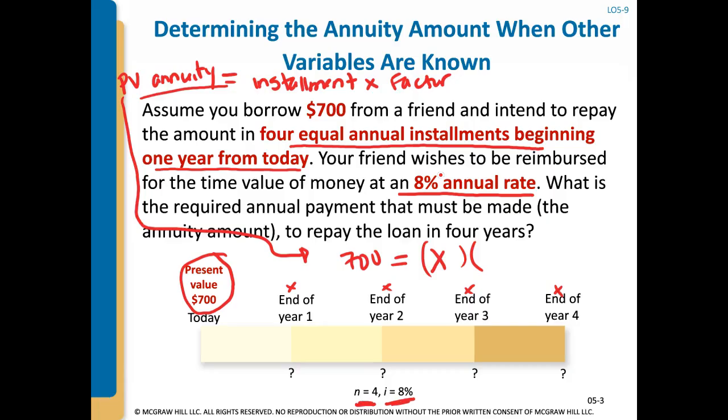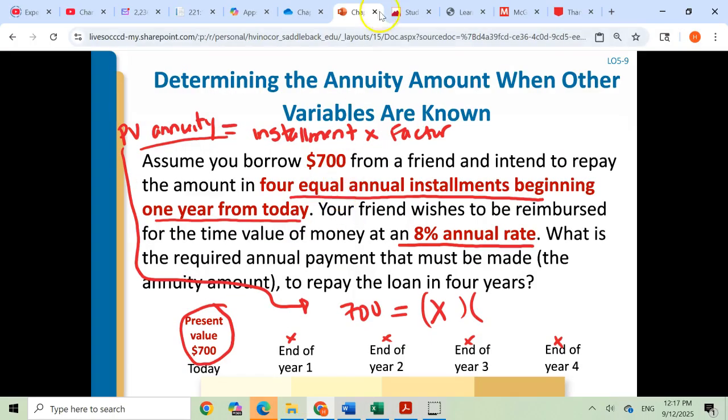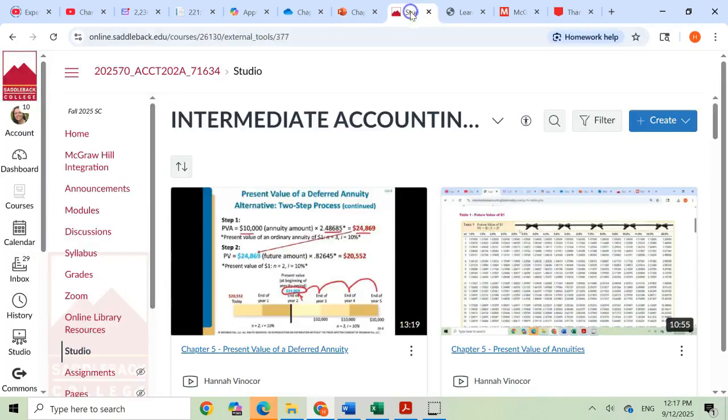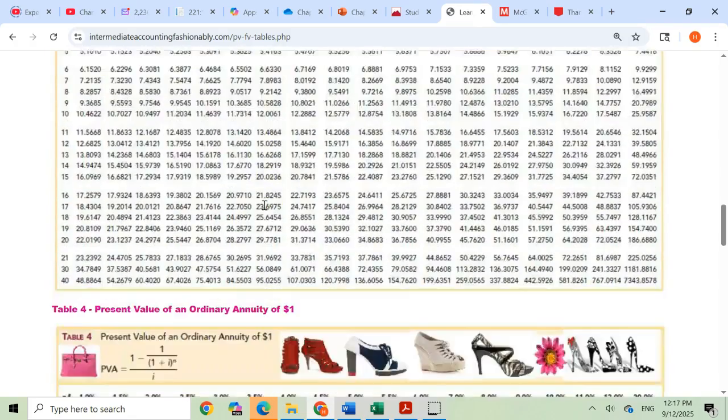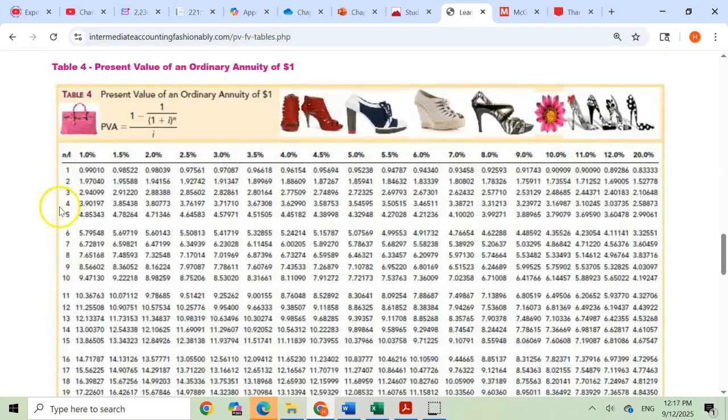So if we go to our factor tables, n equals 4, i equals 8, present value for an ordinary annuity, it's 3.31213.